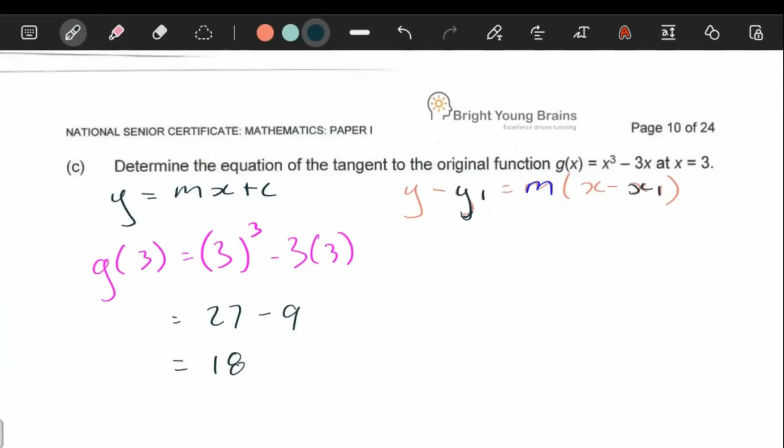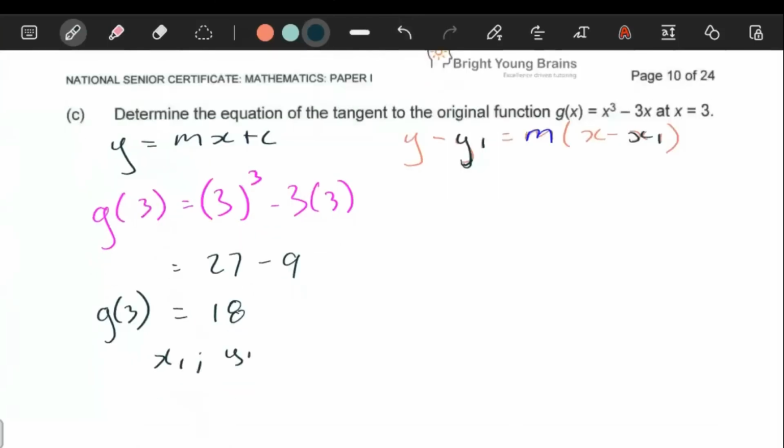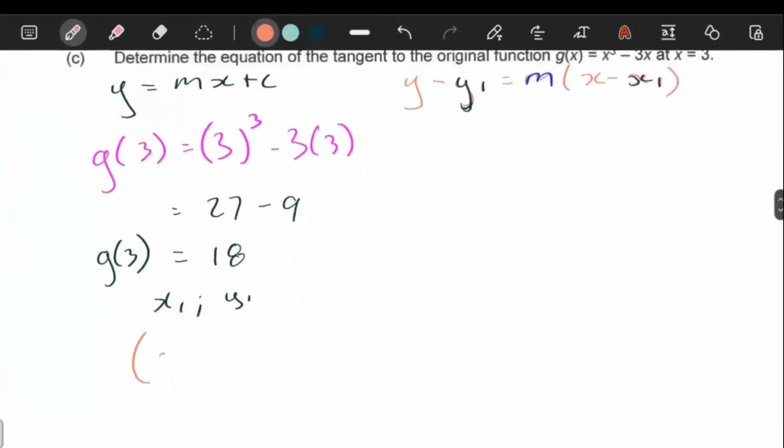So this is your x1 and y1. x1 is 3, y1 is 18. There we go. That's that.